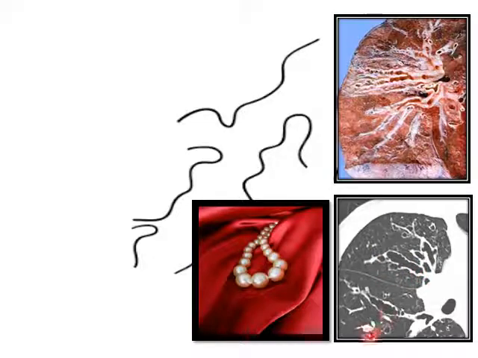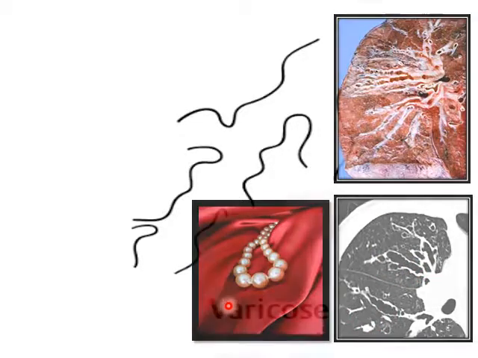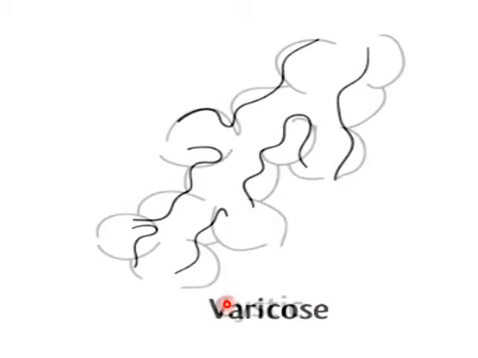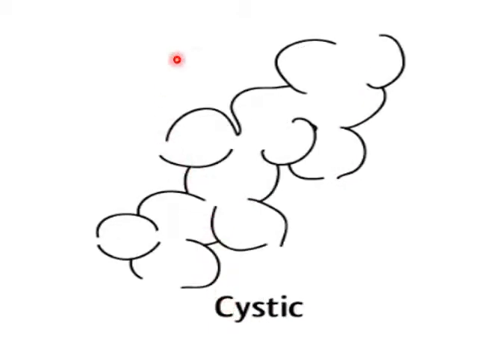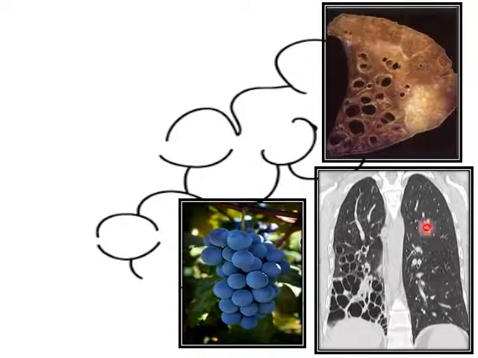Okay, this is varicose type of bronchiectasis, and if this is more exaggerated to give saccular or cystic appearance, we can see them as multiple cysts giving grape-like appearance, and sometimes these cysts contain air-fluid levels, and in this condition we can diagnose bronchiectasis.